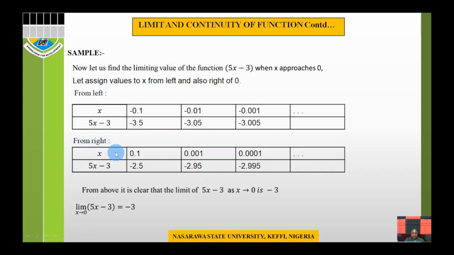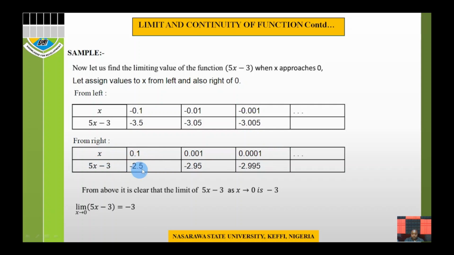From the right, here we are considering values that are closer to 0 but slightly greater than it. So we have 0.1, 0.01, and 0.001.